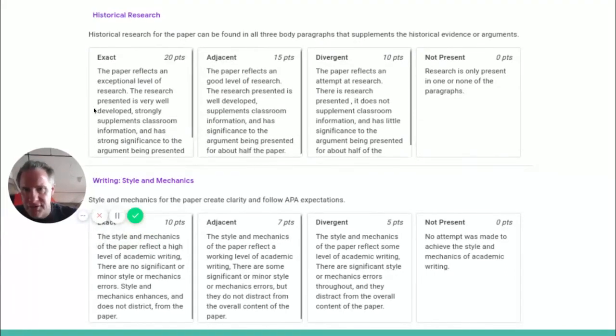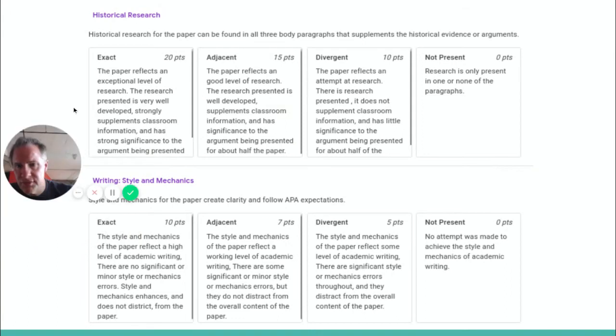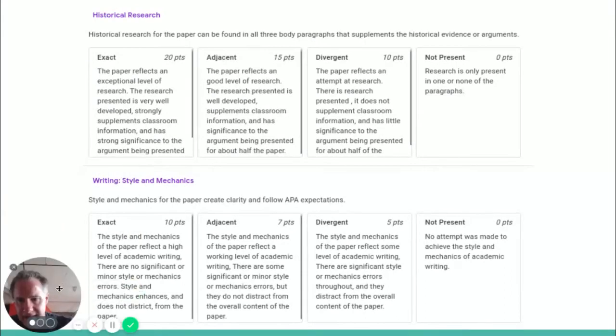And then finally is your style and mechanics. This is your score for APA and spelling, punctuation, and grammar. This is your overall appearance as an academic paper. If it's relatively error-free in spelling, mechanics, and grammar, if your references are done correctly and your in-text citations and title page are done correctly, which they should be because now you have EasyBib and Scribbr to make sure that they are, then you'll fall at this end.